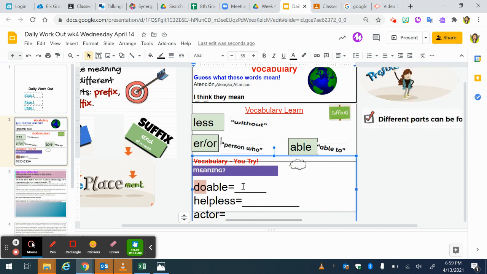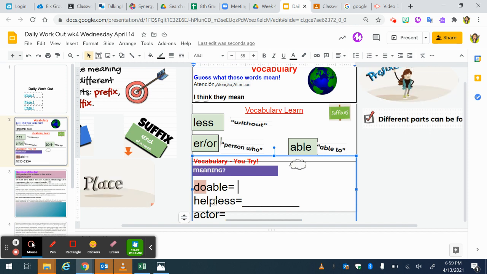I will try to do the math problem. Doable. If you're ready for your guess, delete the line and write your guess. What do you think doable means? Just by knowing the suffix.